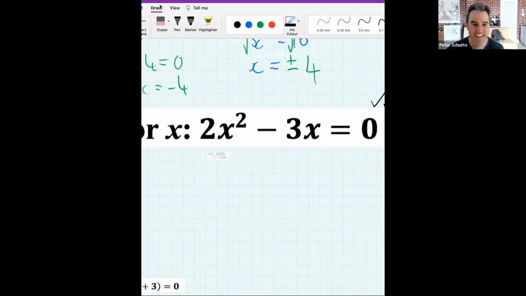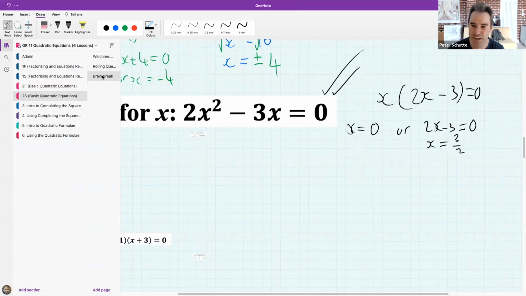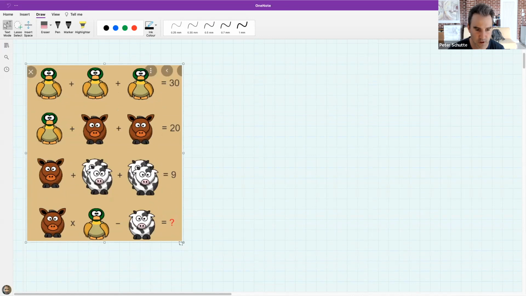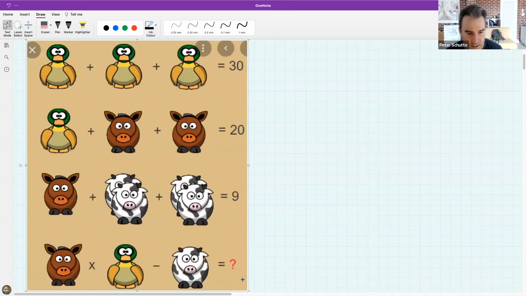Okay. Let us do a brain break for a puzzle. So we're going to Old MacDonald's farm here, it seems. Tell me what a donkey times a duck minus a cow is.